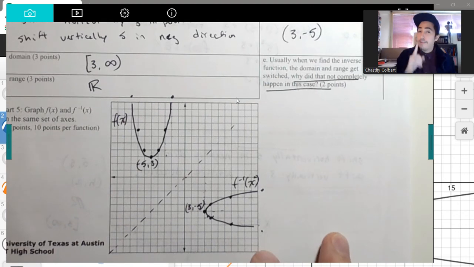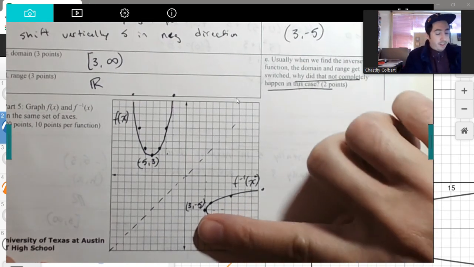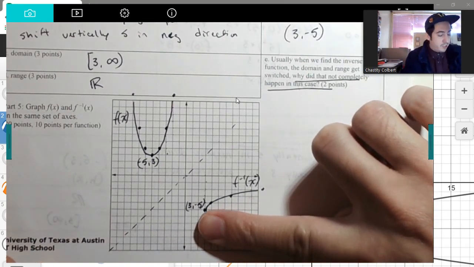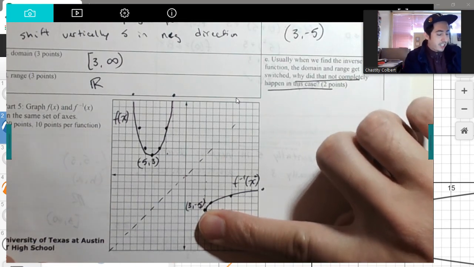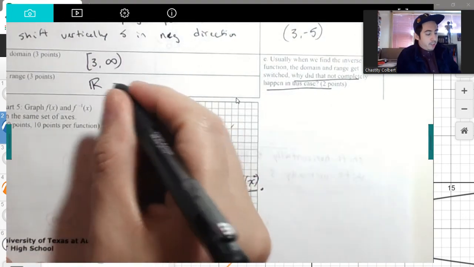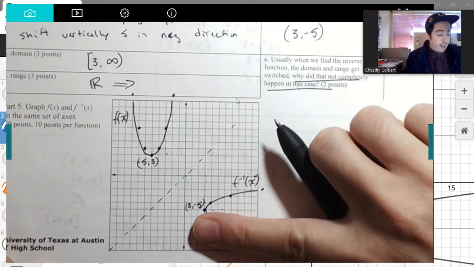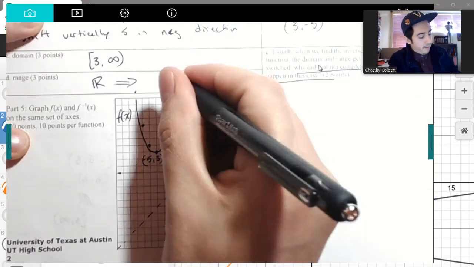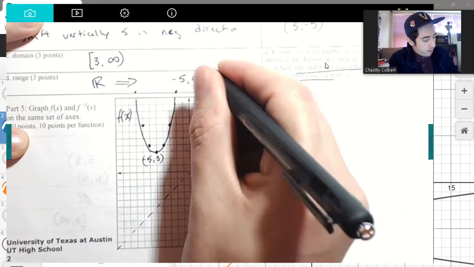If you want it to be a function, it should just be that one part. I forgot about that, so that changes a couple of things. The range is not actually all real numbers. The low y value is -5 and above, so it should be -5 to infinity.